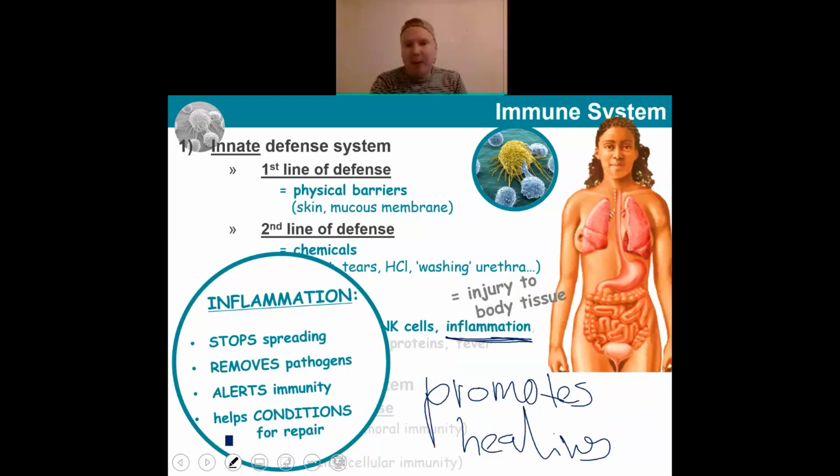The next cell response that we're going to have a look at is inflammation. Inflammation is a response to some kind of injury to your body tissues. We see certain things when you have inflammation at some site, but overall, all of these things are beneficial for us because inflammation promotes healing of that area.